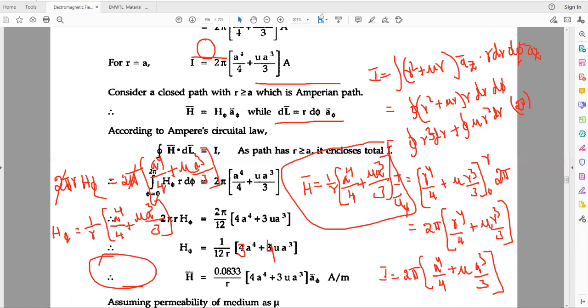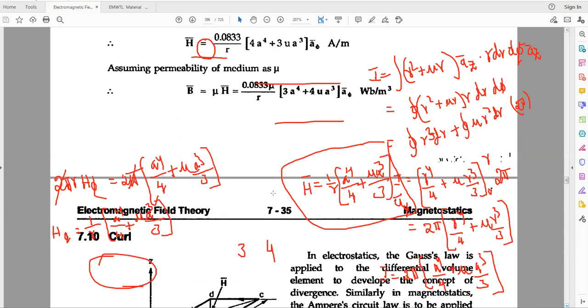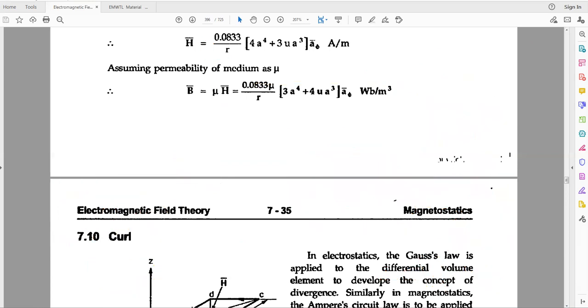Assume that mu is the permeability. B bar is mu into H bar, so I can multiply that function. B is in Weber per meter squared as magnetic flux density, and ampere per meter is the magnetic field. Got it, my dear students? Coming to the next example.